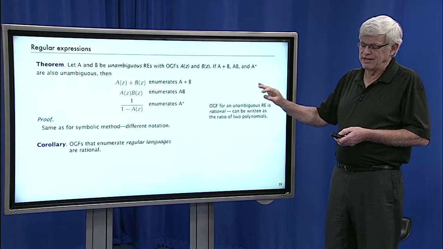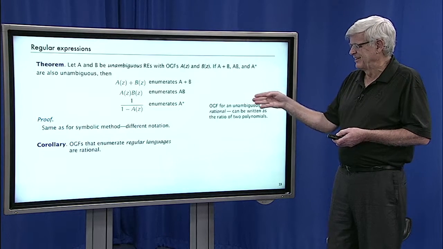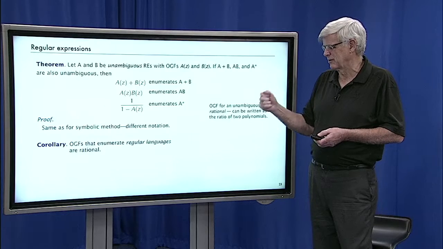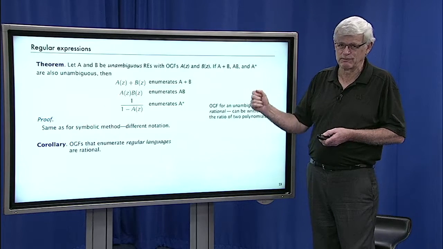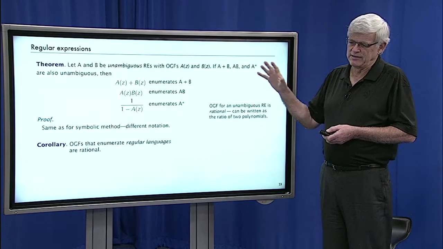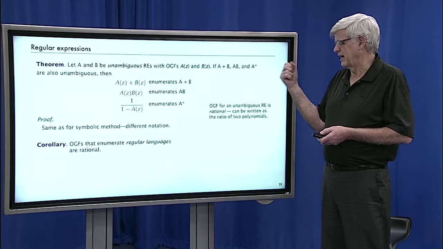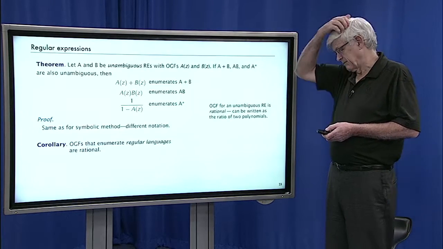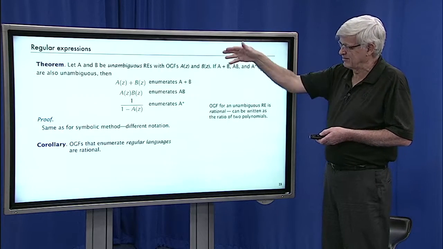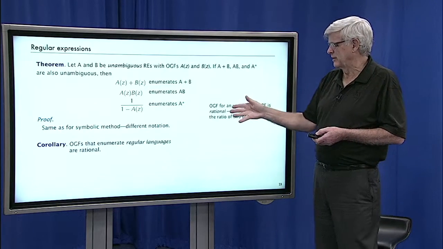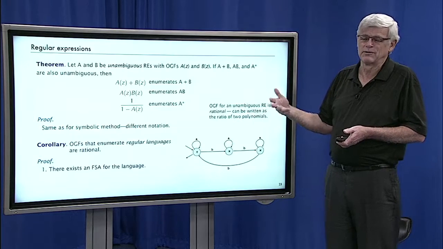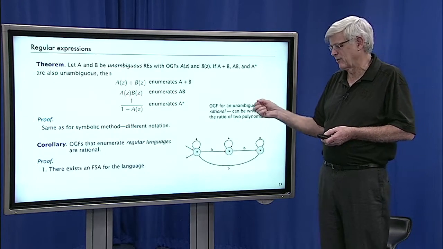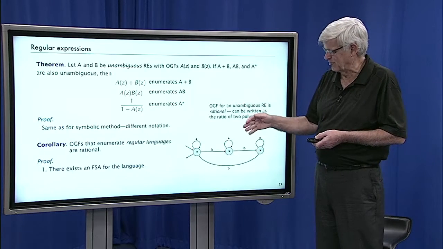Just to highlight the point, another way to say this is that OGFs that enumerate regular languages are rational. A regular language is one for which there exists an RE, which doesn't necessarily have to be unambiguous, but there's a well-known construction that gives an unambiguous regular expression for any regular language.